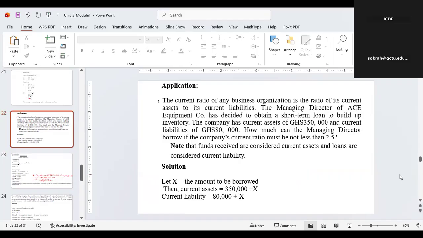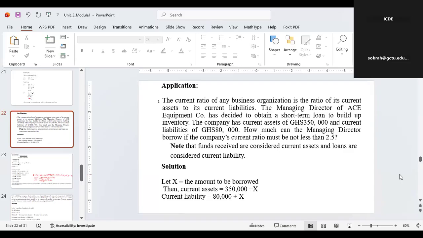The managing director of ACE Equipment Company has decided to obtain a short-term loan to build up inventory. The company has current assets of 350,000 Ghana cedis and current liabilities of 80,000 Ghana cedis.